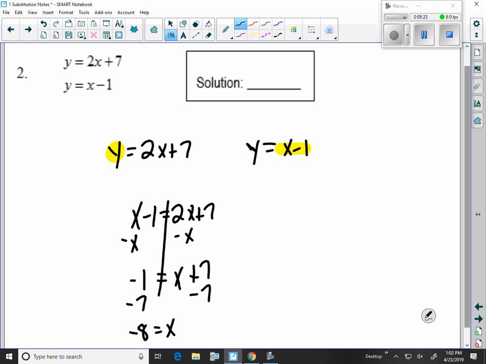Plug it into the other equation. You should get y equals negative 9. Now, when we write the solution, it's what comma what? x comma y, negative 8 comma negative 9.